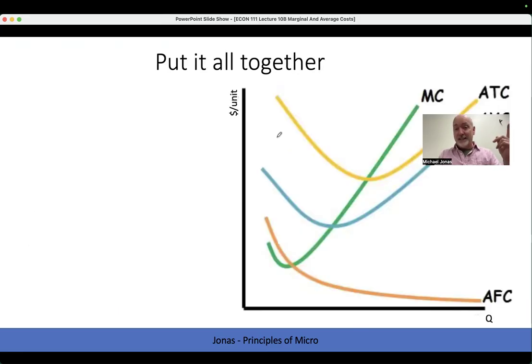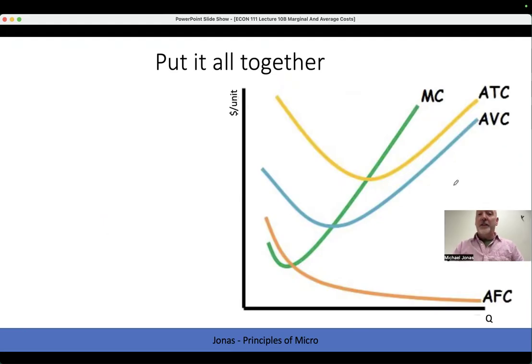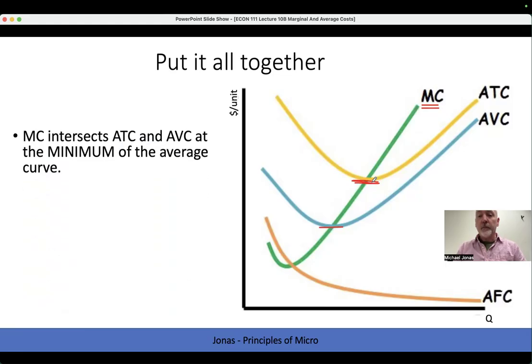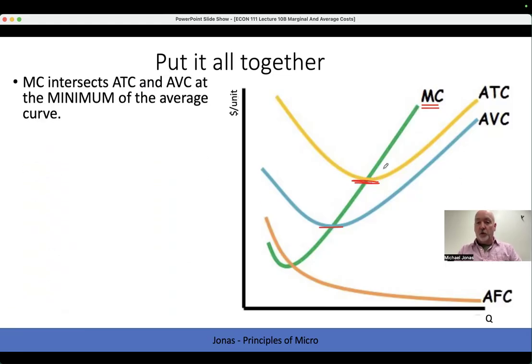So if we put all of that together, what that tells us is that the marginal cost curve, when we embed it in the rest of those averages, is going to be hitting the average total and the average variable right at their minimum points. So think about that average total cost.